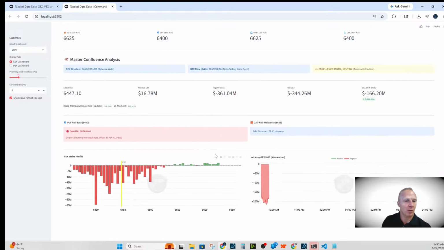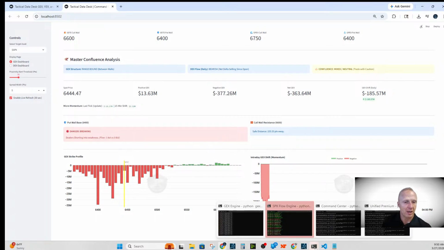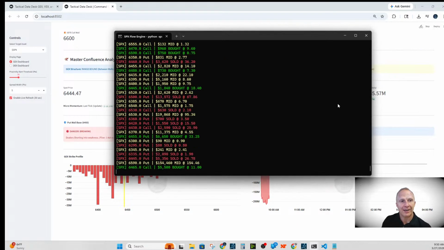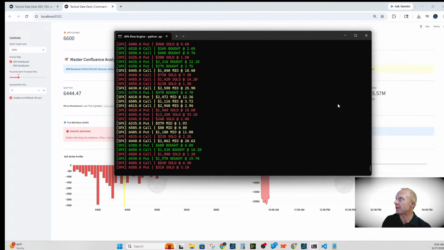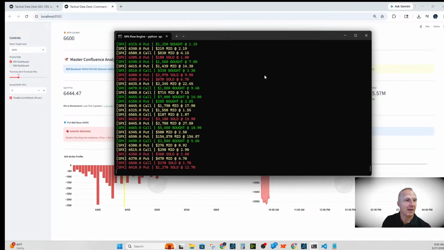Check the other dashboard. You can see the GEX exposure opened negative and has been negative. Based on my bot's analysis, that might break some call walls. That is driven off my SPX flow engine here. I am real time tracking every options trade on 0DTEs that is hitting the tape for SPX.